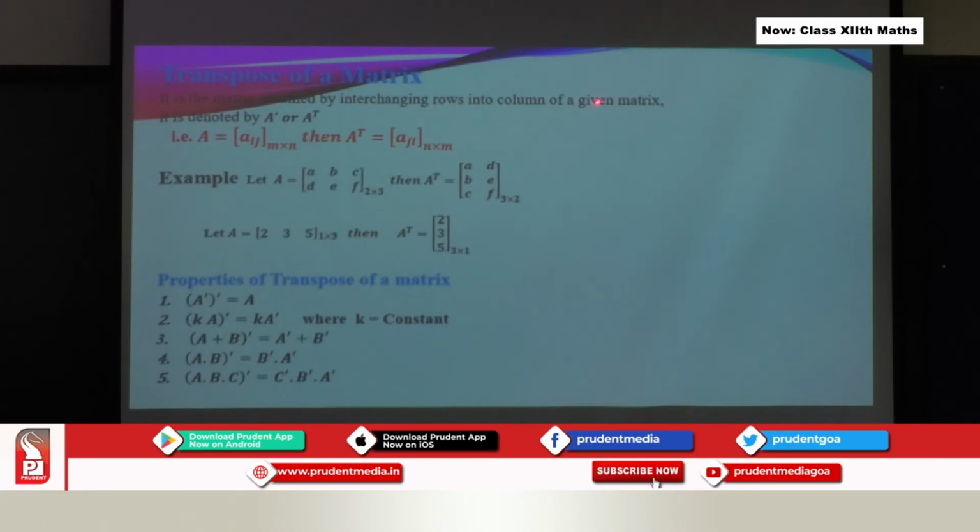I am changing a row into a column. The second row again will become my second column. So 2 into 3, I am having here as 3 into 2. So the order also interchanged. The order of the transpose is 3 by 2. What is the order of your original matrix? It is 2 by 3.